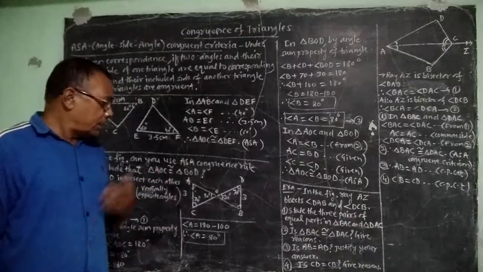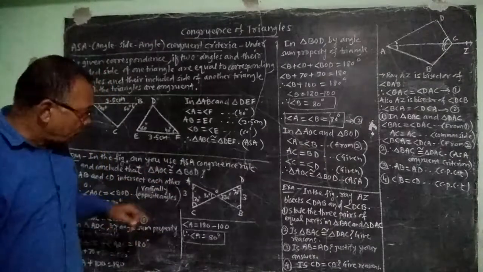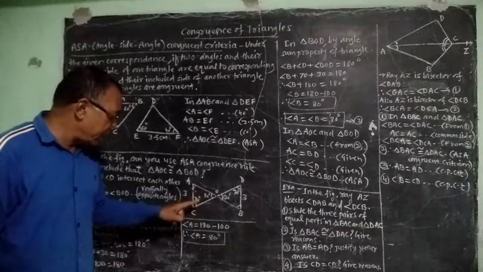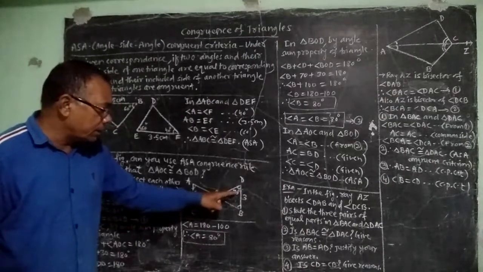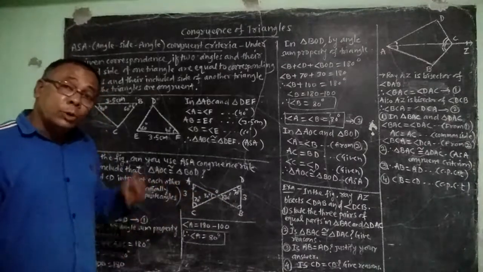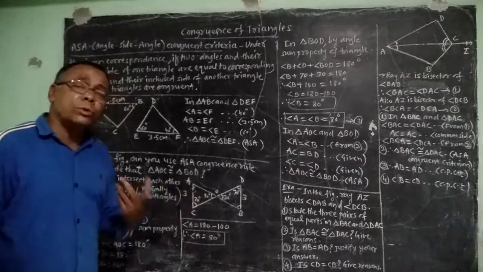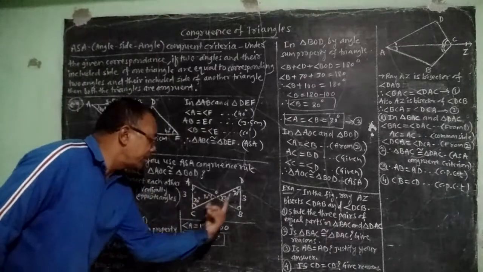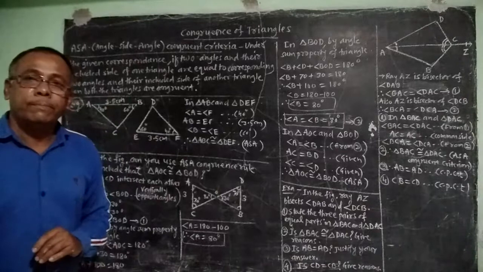But here it is not given. We know the two angles, 30 and 70 degrees, but the side included by these two angles, we don't know the length of that side, meaning OC as well as OD, we don't know.